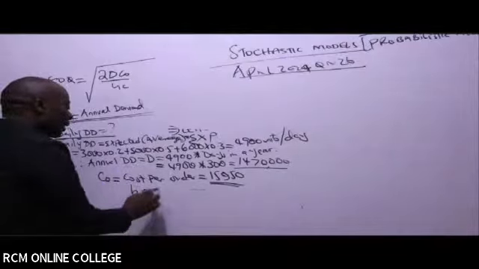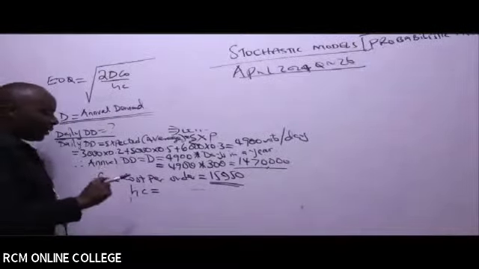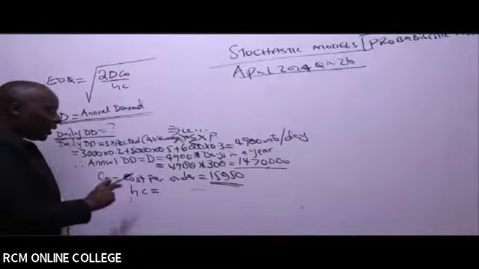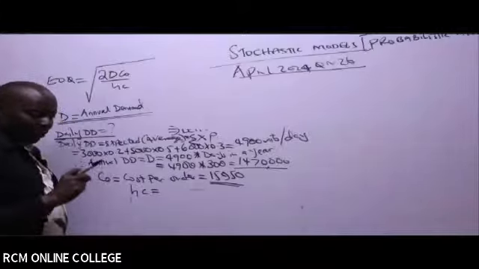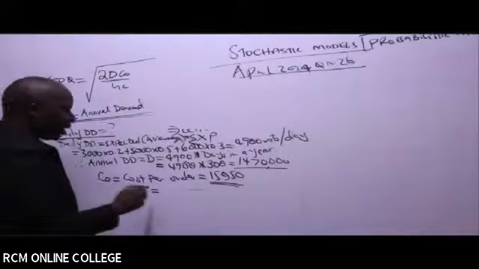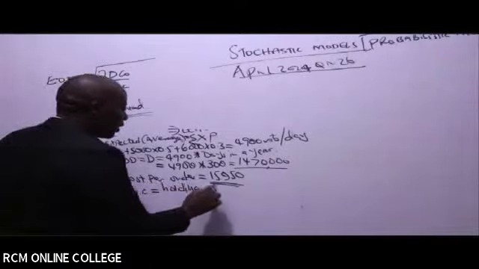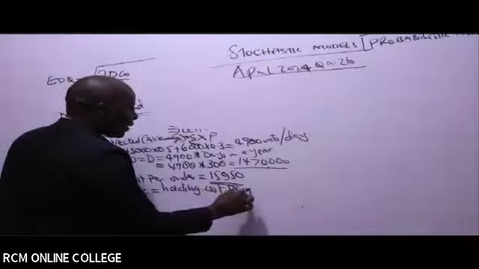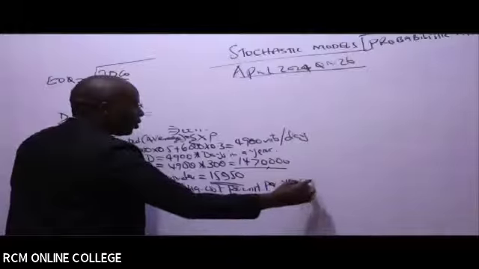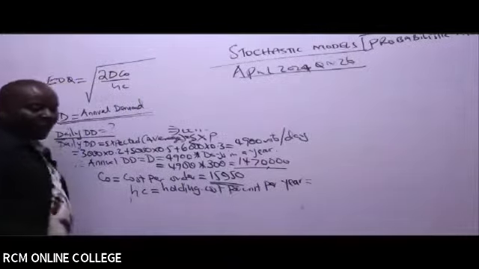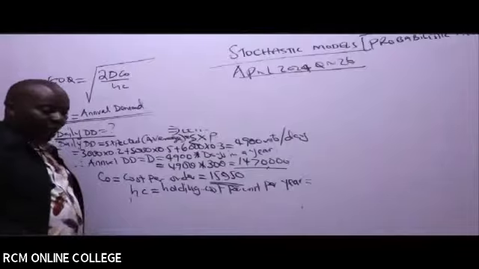What this examiner was trying to confuse us a little bit with is this HC. So we want to see whether there is any ninja here who would have gotten this HC. Remember, HC is holding cost per unit per year. Anybody who has this answer?